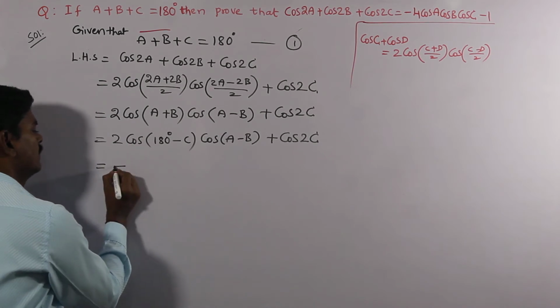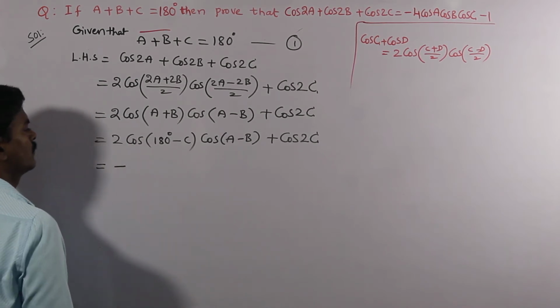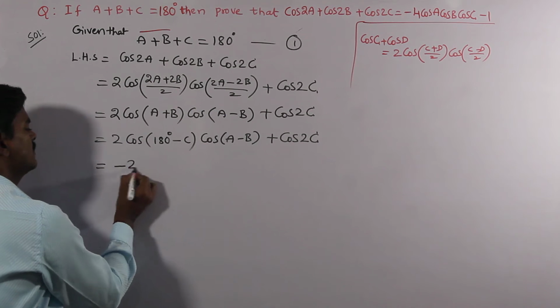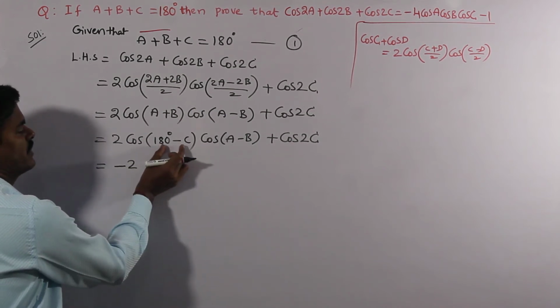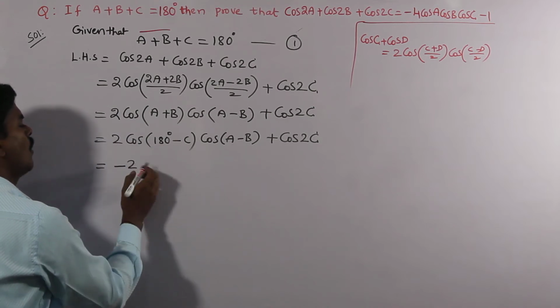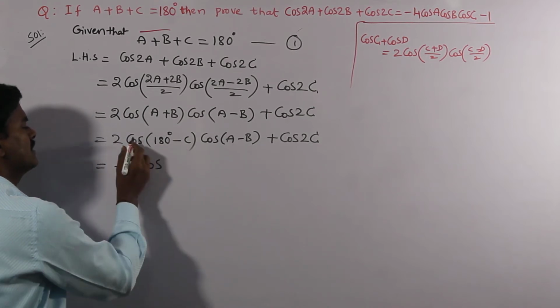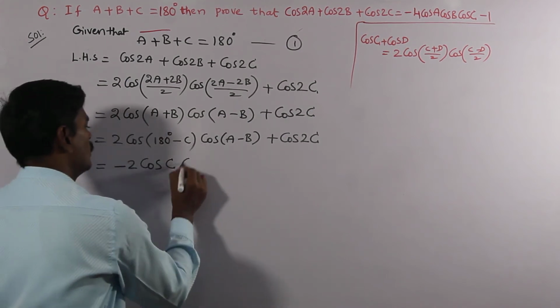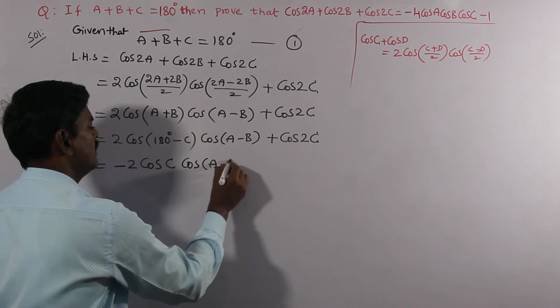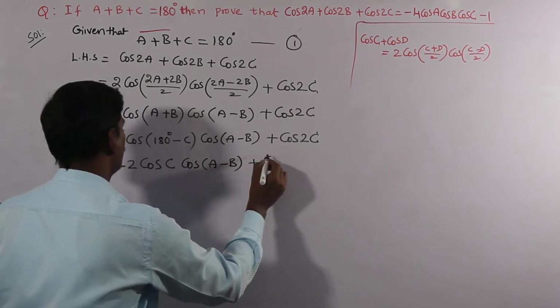That's why we give a negative sign. Next, write these two as it is. Due to 180 degrees minus theta, we won't have any change in function, so cos stays cos and c will come here, into cos of (a minus b) plus cos 2c.